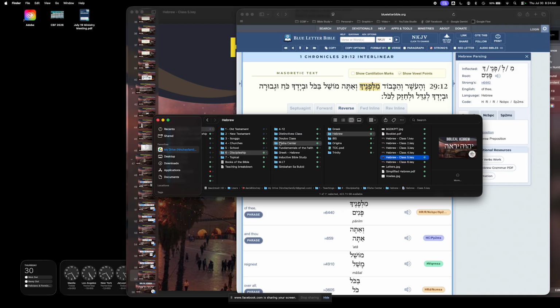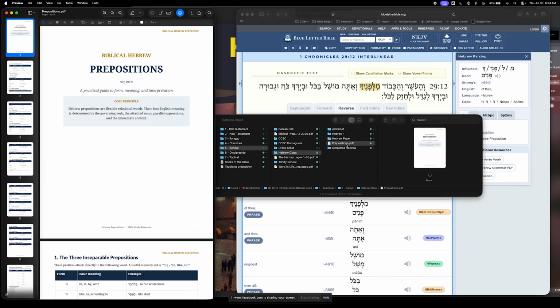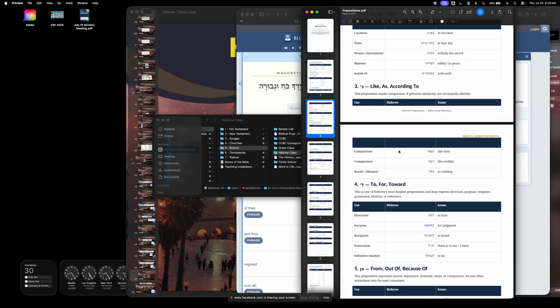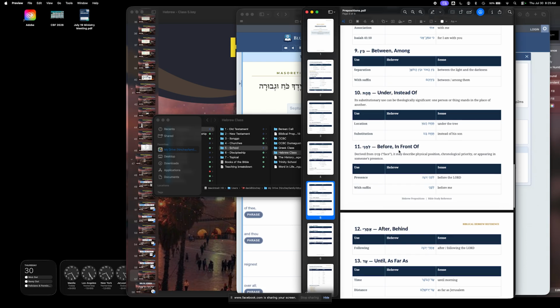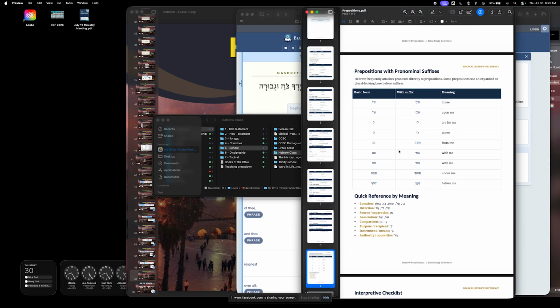When we're talking about Hebrew, in prepositions, fundamentally, the mem carries the idea of "with me" or "before me."